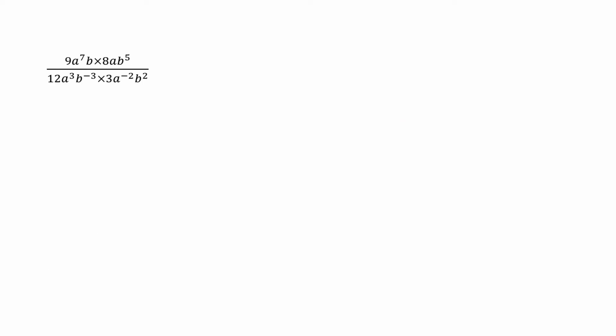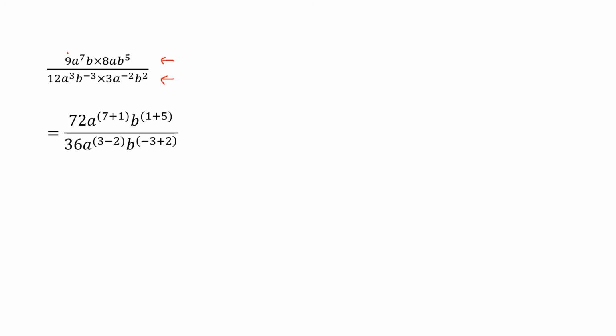Another question has a and b as the bases. Let's simplify the numerator first and then the denominator. Let's do them separately, and at the end we will do division. So let's go for multiplication first.